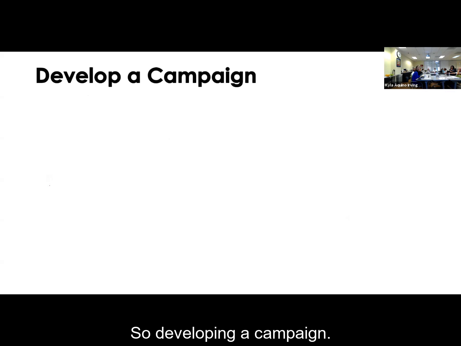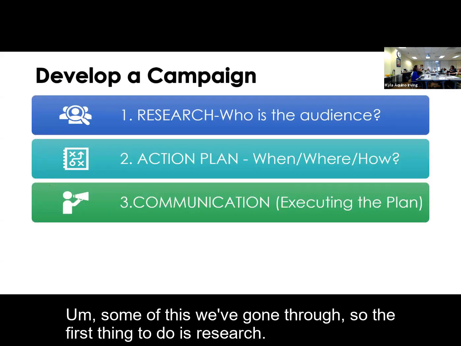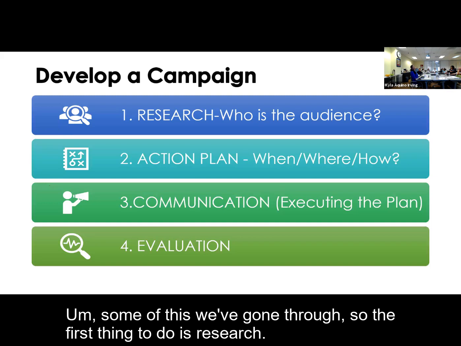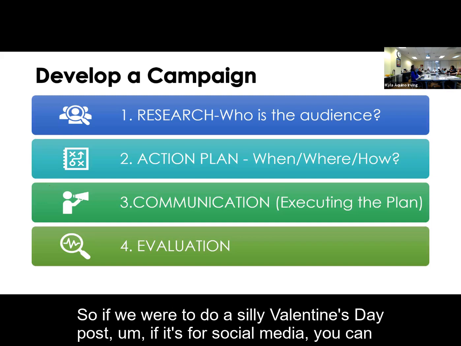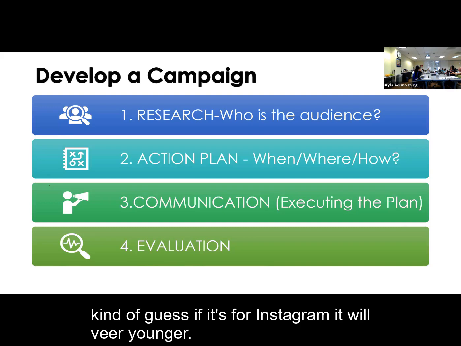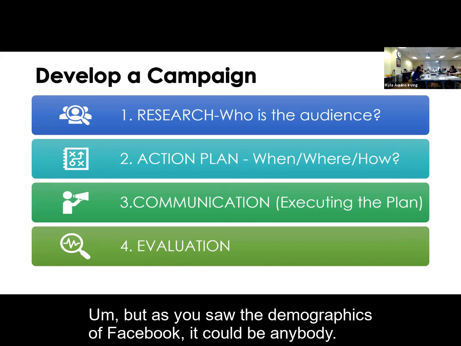So, developing a campaign. Some of this we've gone through. The first thing to do is research who is the audience. If we were to do a silly Valentine's Day post for social media, you can guess if it's for Instagram, it'll veer younger. But as you saw in the demographics of Facebook, it could be anybody.